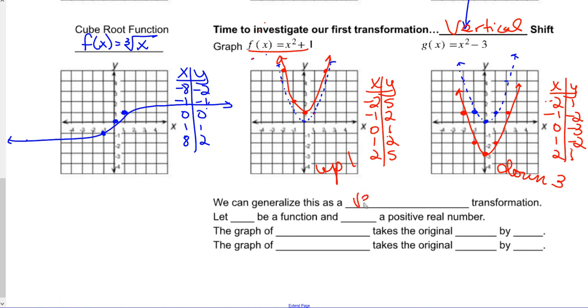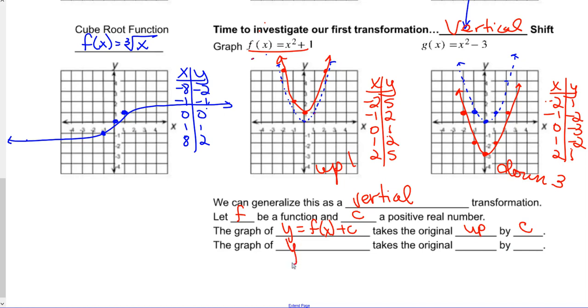So when we generalize for a vertical transformation, we let f be a function and c be a positive real number, then the graph of y equals f of x plus c takes the original graph up by c.